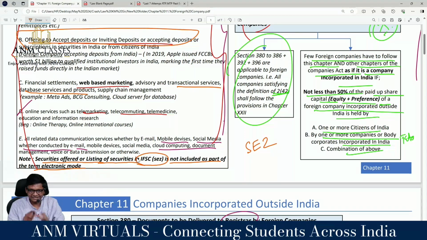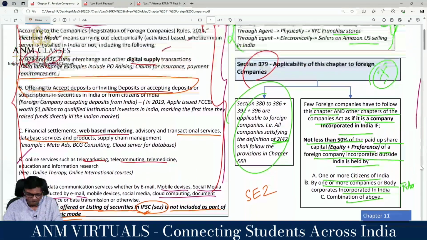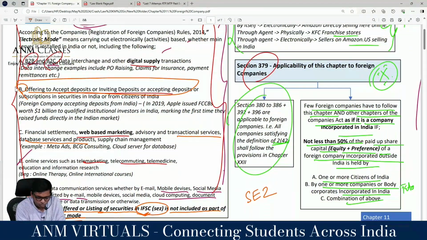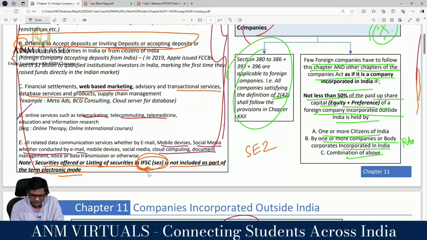In IFSC, that particular location where we have this International Financial Service Center is not included in the term electronic mode. He is trying to say the point B above, offering or inviting deposits by a foreign company in India in the location of IFSC is not a foreign company because everything is part of exports. That location becomes a foreign location.